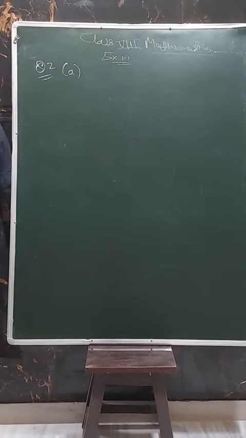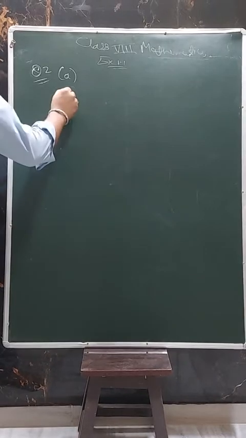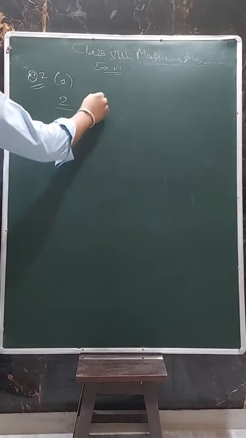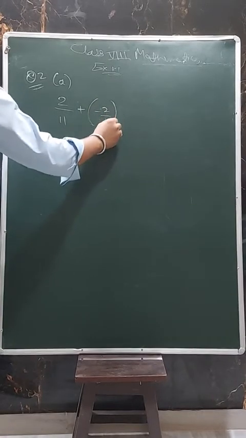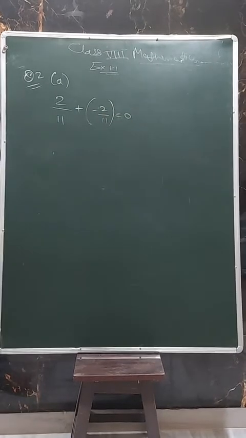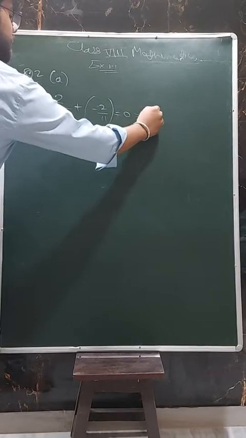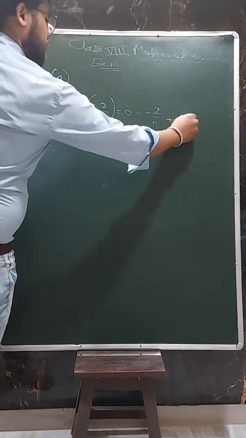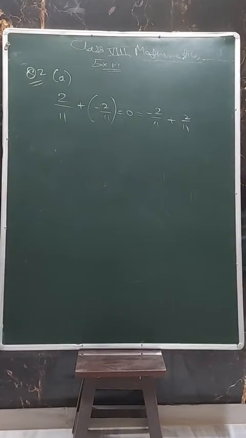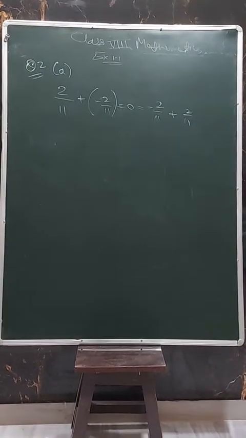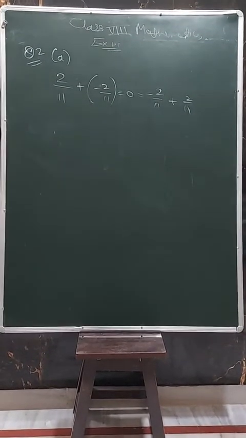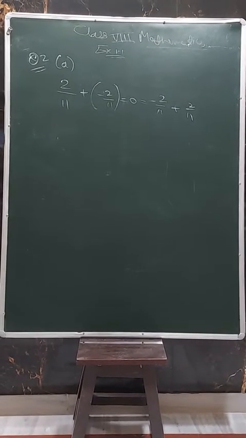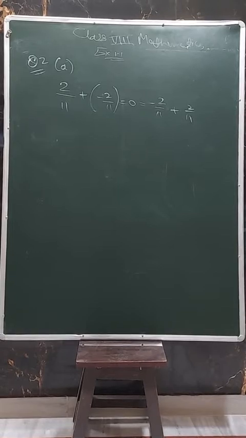First one is 2 upon 11 plus minus 2 upon 11 is equal to 0, is equal to minus 2 upon 11 plus 2 upon 11. Sorry. So here we have to tell which property is used here. Name the property also, and we have to solve also.